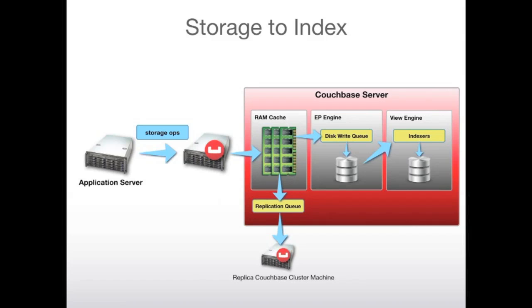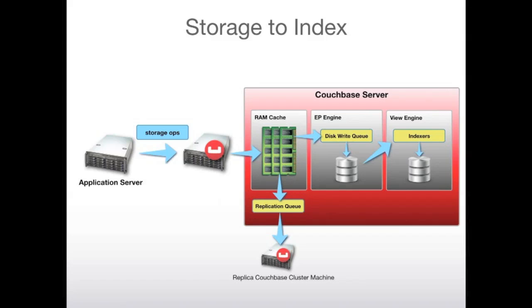And then when it gets to the top of the disk write queue, the IO writers will write it to disk, and at that point it'll pass to the indexers. The indexers, in our case, are called design documents, and we're going to talk about that a bunch. After it gets to disk, it goes to the indexers. The indexers process those documents in batches and add them to the indexes on disk.